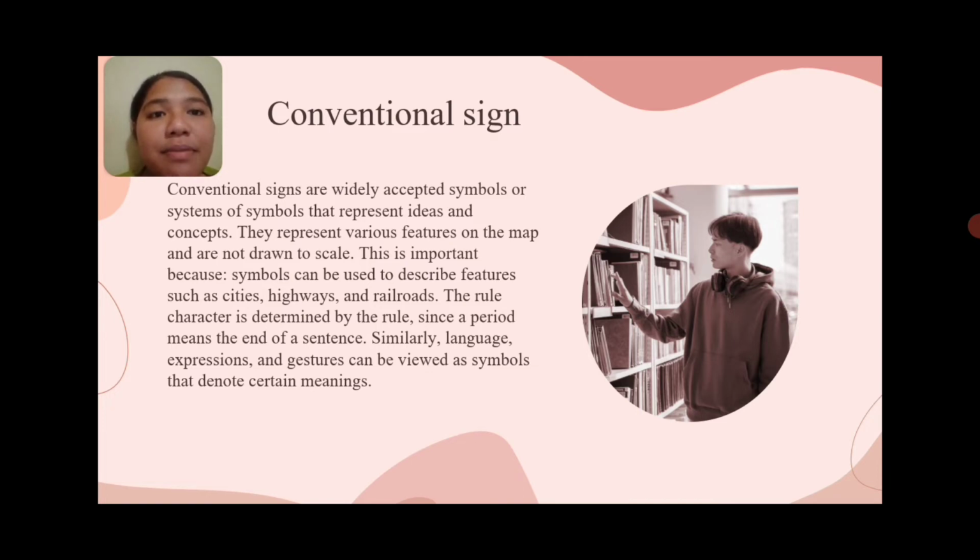This is important because symbols can be used to describe features such as cities, highways, and railroads. The symbol's character is determined by rules. Since a period means the end of a sentence, similarly in language, expressions and gestures can be words, symbols that contain meanings. Next.